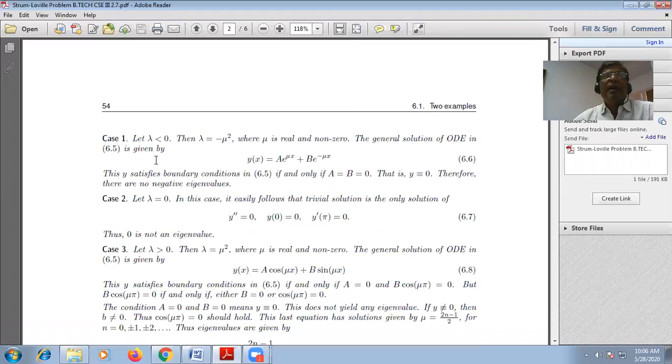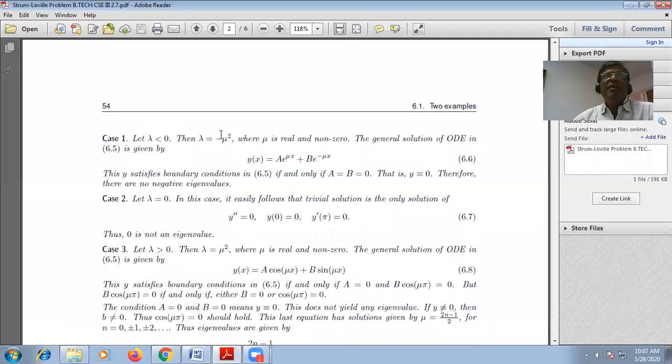I have already told you that if there are two quantities, then there may be three relations: either equal to, less than, or greater than. So the discussion of lambda is based on comparison to 0. In one case lambda is less than 0, in another case lambda is equal to 0, and the third case is when lambda is greater than 0.